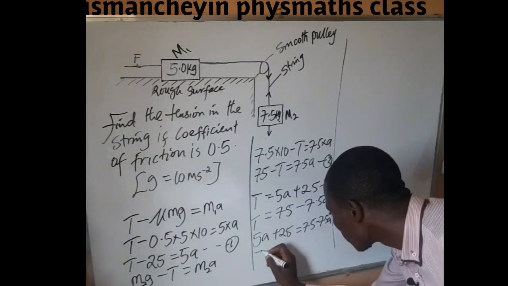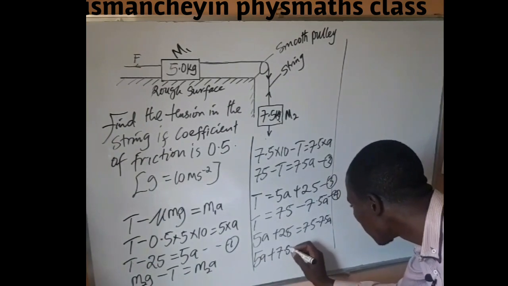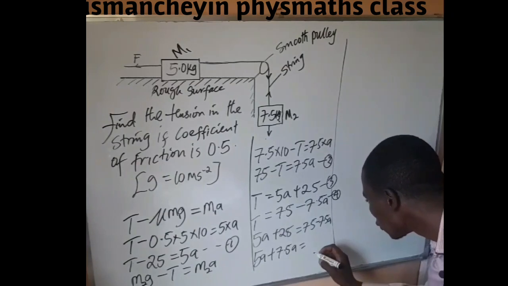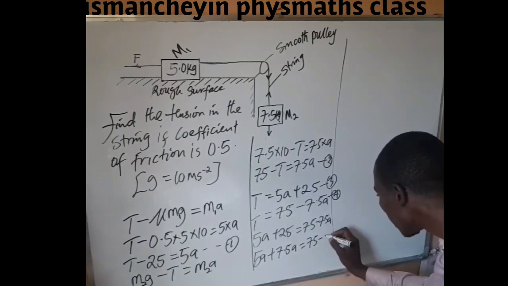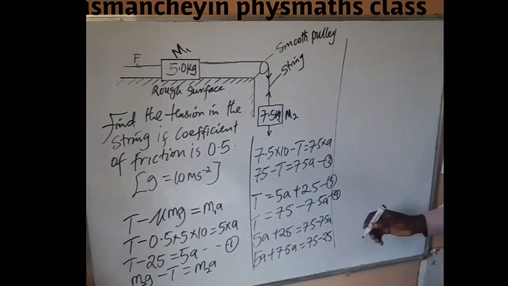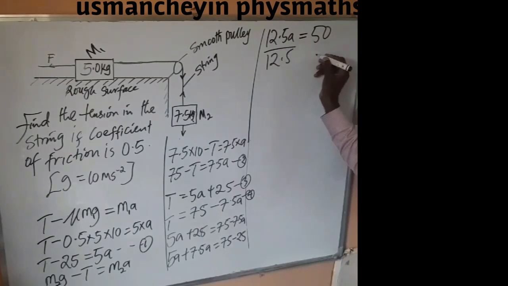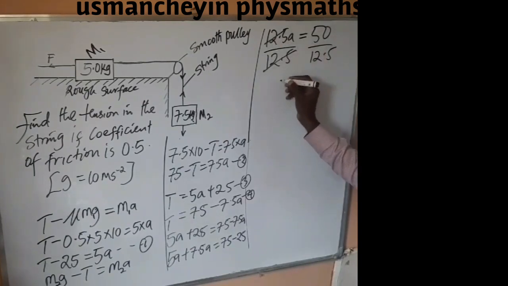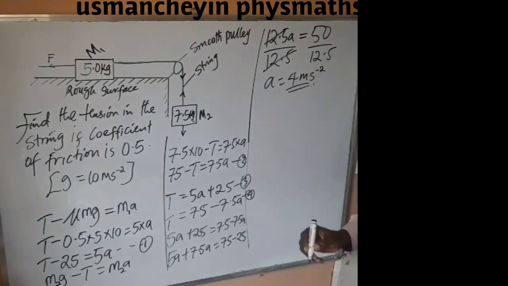So here we have 5a plus 7.5a is equal to 75 minus 25. Then we divide through by 12.5, and this cancels out. Our a is equal to 4 meters per second squared, and this is the acceleration.